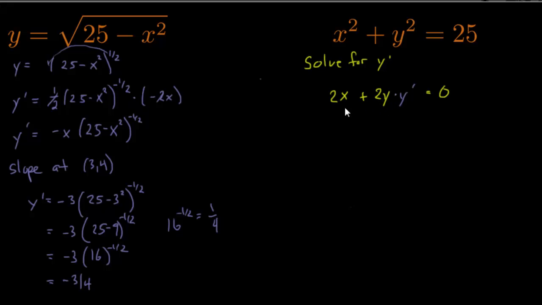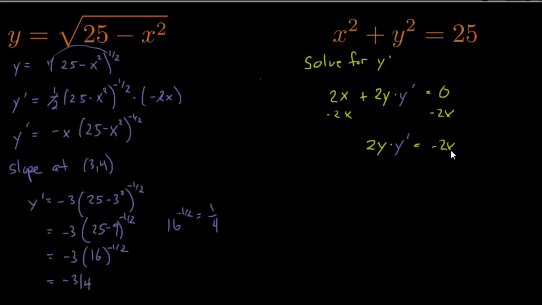Very simple. So I'm going to subtract 2x from both sides. So I'm going to get 2y times y prime. Notice I'm doing it in a different color because it'll be easier for me to solve for and keep track of my y primes. You'll see it in later videos why I do this.